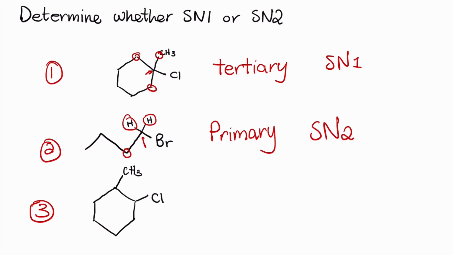Now in this last question, we see that the carbon that's attached to the halide only has 2 R groups attached to it. This means that it's a secondary carbon, and with secondary carbons, it's much harder to determine whether the compound would favor an SN1 or SN2 reaction. So with these secondary ones, you can't really determine whether it is SN1 or SN2 based on the data alone.